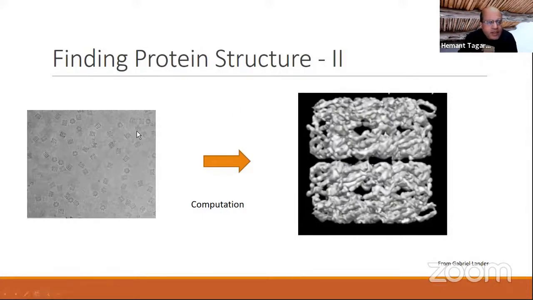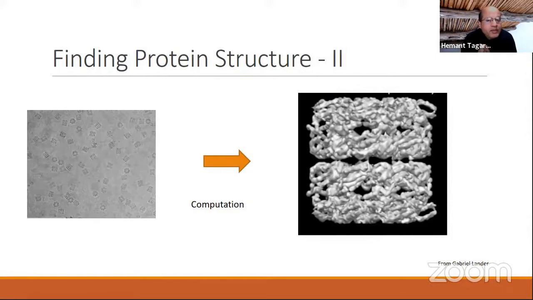This image is a little bit deceptive in the sense that that's a really good image. Usually the images we get from the electron microscope are extremely noisy. You can barely see what the protein is. The contrast in these images depends a lot on the size of the protein: the bigger the protein, the larger the molecular weight, the better the contrast.